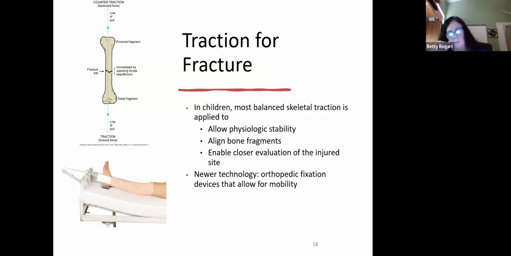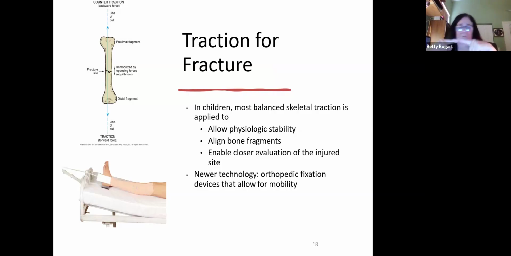We don't do that anymore. What we do is we put them in this Bucks traction. It straightens out and stops the spasms that are happening, and the sharp edges of that broken bone getting to the nerves and muscles and creating pain, and it stretches it out.